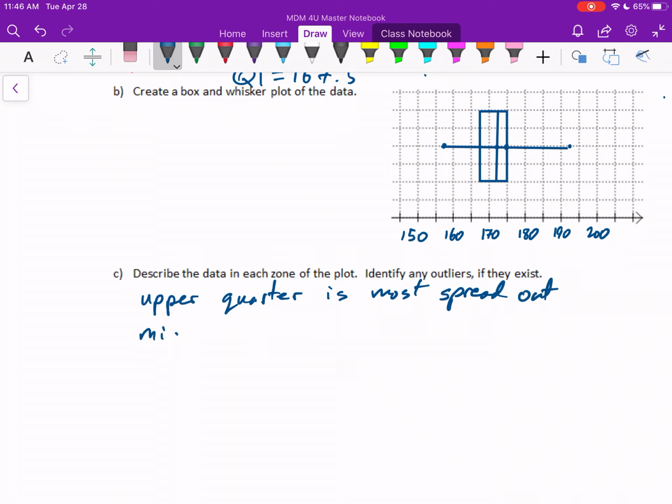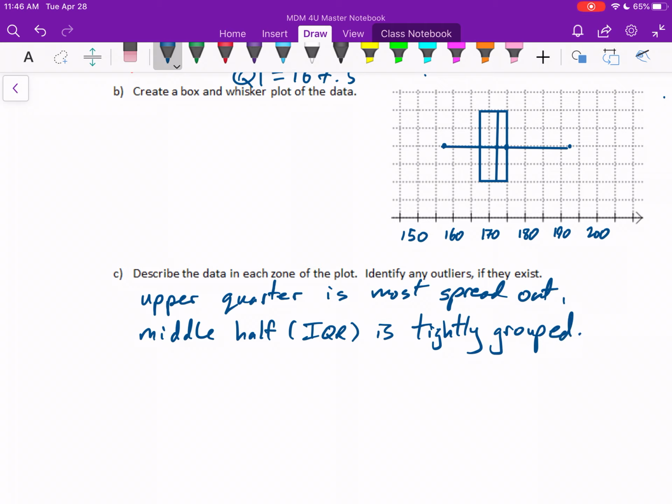Middle half, the IQR, is tightly grouped. And I think that pretty much covers what I want to say about it.